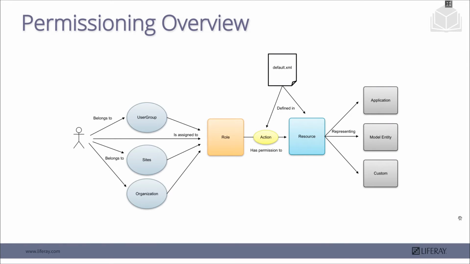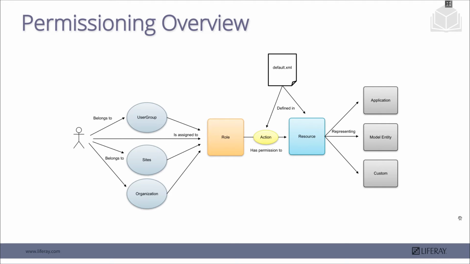So let's take a look at this diagram here. So we can have a user who belongs to a user group or a site or an organization. They can belong to any one of these three things, and each one of those things can be assigned a specific role. So let's take an easy one.